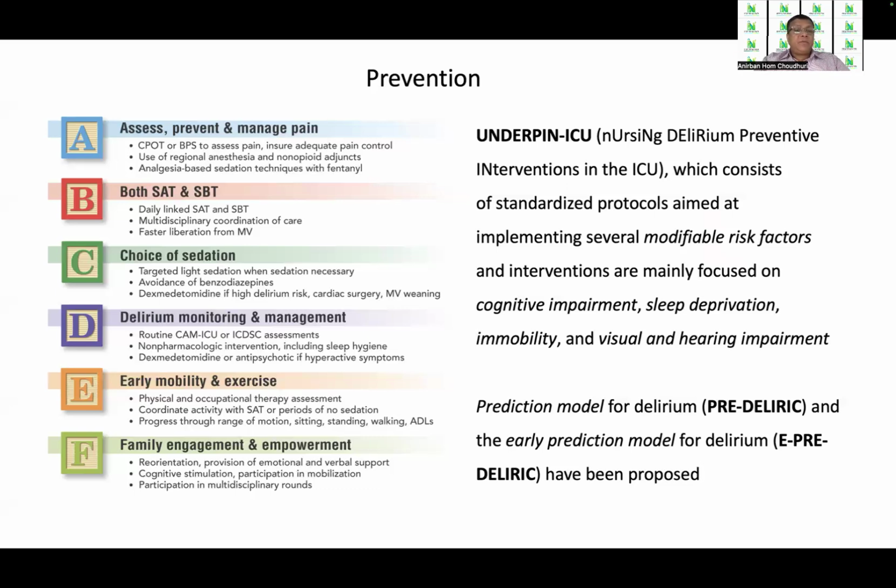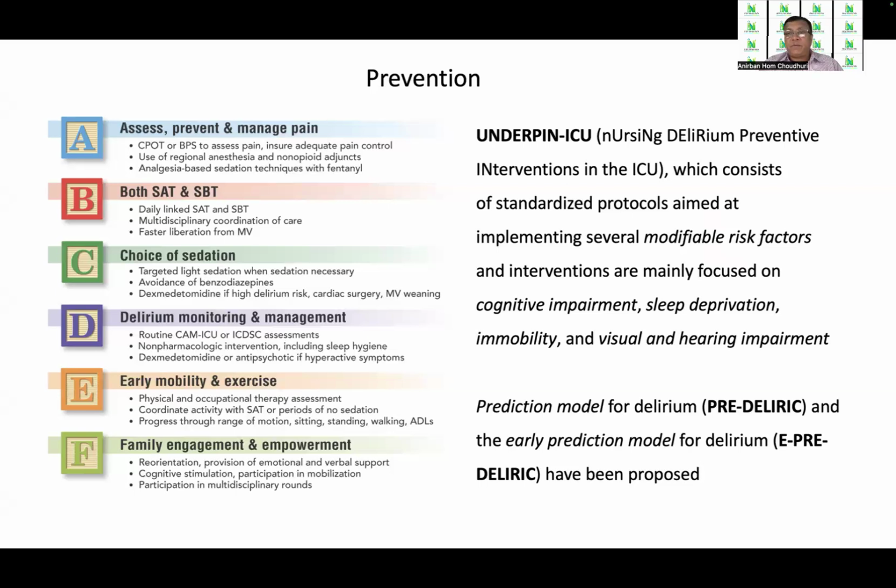D stands for delirium monitoring and management, which is done by routine CAM-ICU or ICDSC assessments, along with non-pharmacological interventions, sleep hygiene, etc. Early mobility and exercise is for E, where physical and occupational therapy are started, and activity is coordinated with SAT or periods of sedation, and progresses through range of motion, sitting, standing, walking, and activities of daily living, etc. F stands for family engagement and empowerment, which is one of the important key components.